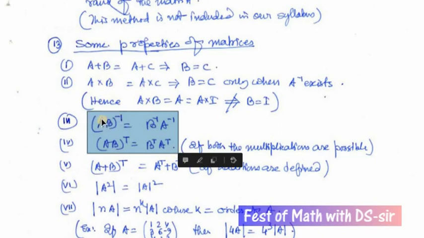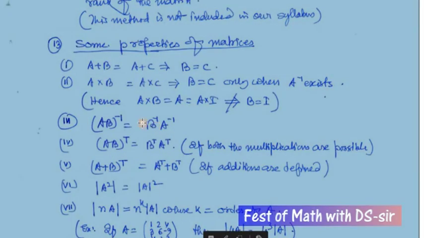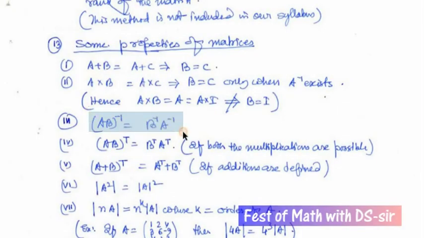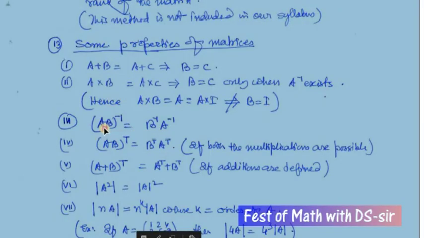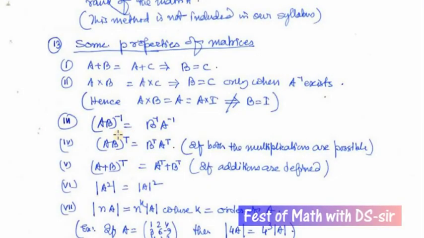Inverse. A into B inverse is B inverse into A inverse, provided both exist. Why do I call these conditions? Both A and B are two rectangular matrices. Say A is of order 2 by 3 and B is of order 3 by 2. So AB is a 2 by 2 square matrix, so AB inverse can exist.